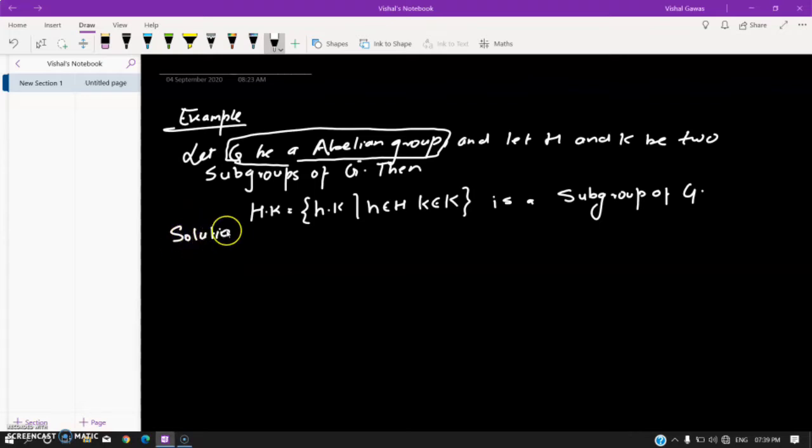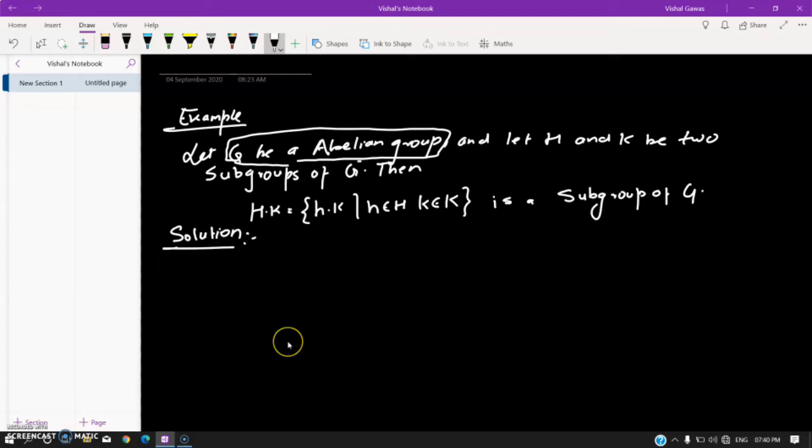The solution is pretty easy, because, as I said in my previous videos, whenever we need to show something is a subgroup, all we got to do is use the one subgroup test. Or maybe you can also use the two subgroup test. It's up to the individual what he wants to do.